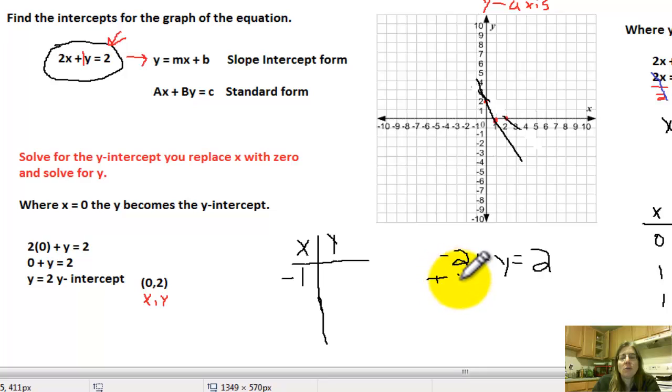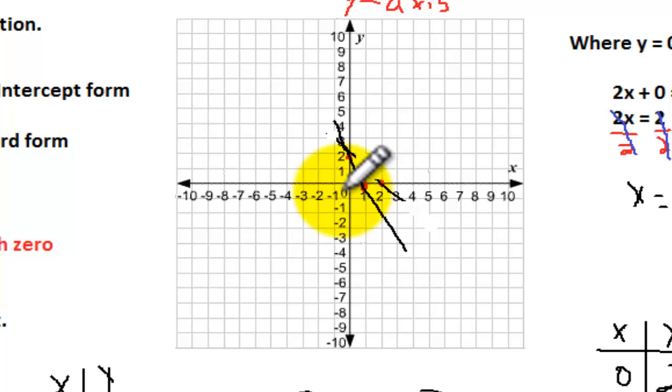And then you'll add 2 to both sides, and you'll have y equals 4. So that would be 4, and you would have another point on the line. You would go -1, then up 1, 2, 3, 4 right there. So this point and this point all make up the line.